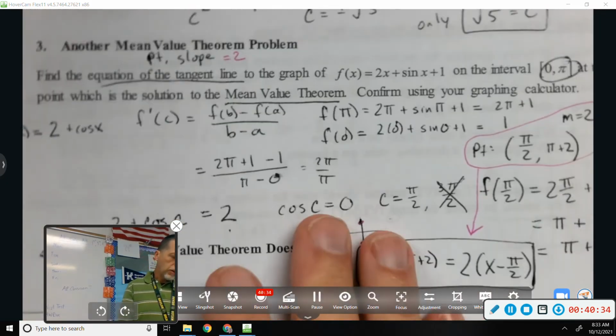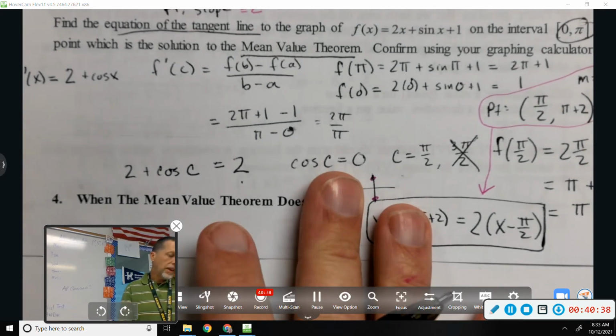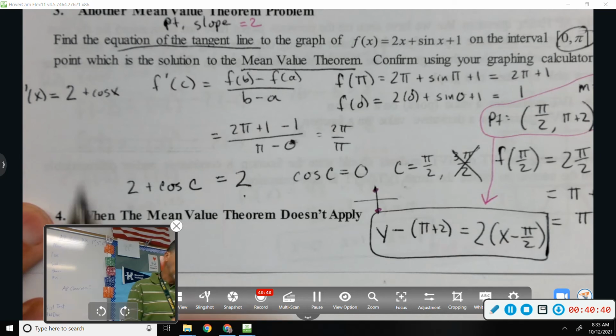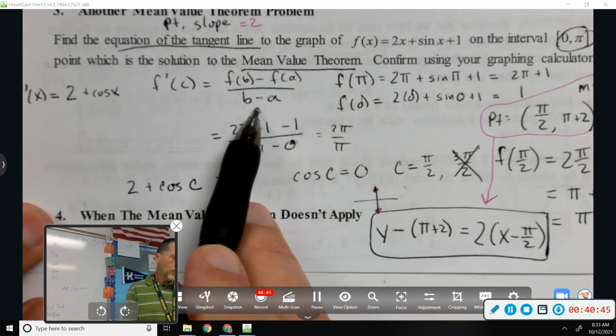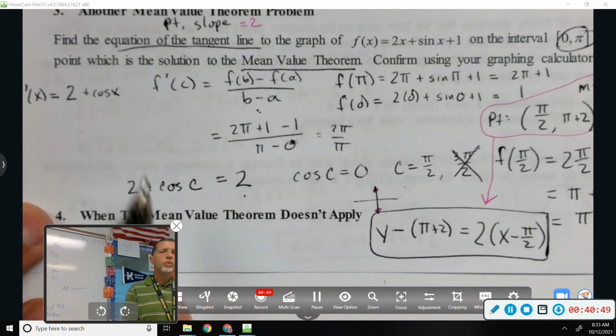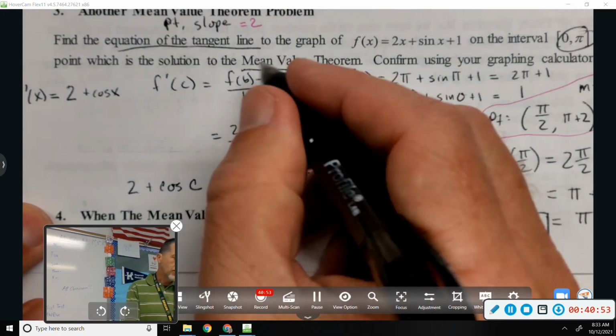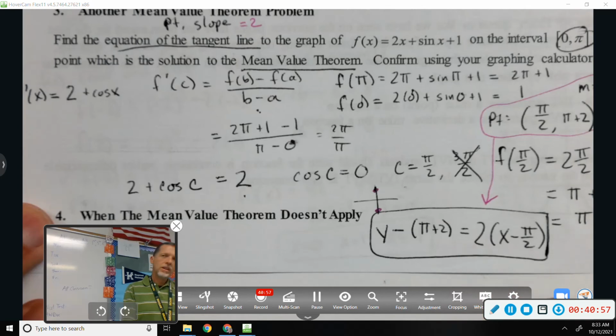How do I know to use 2 as the slope? Well, the whole point of MVT is that the algebra slope equals the calculus slope. So once I found the algebra slope was 2, I knew that the calculus slope was 2. Because it said use it at the point that's the solution to the MVT.